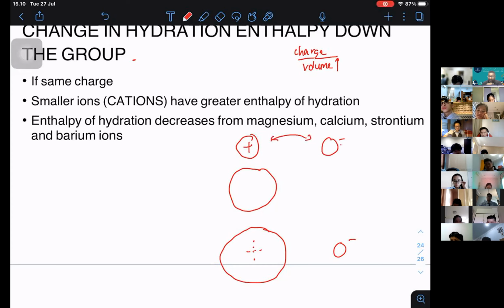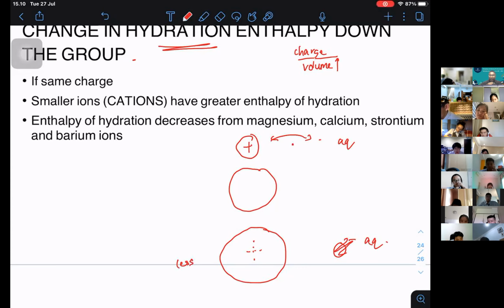In this case, it's not a negative ion because it's hydration, so we are talking about the negative end from the water, for example. So they are forming a bond with the water. I just use aq. So this one will form a better bond with water. If they form a better bond with water, this is going to be more exothermic, and this is going to be less exothermic.